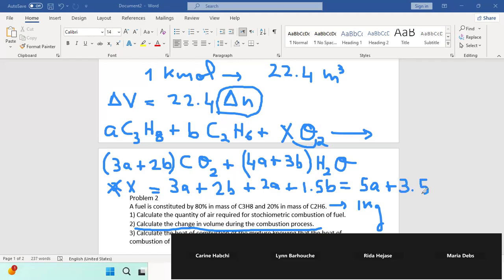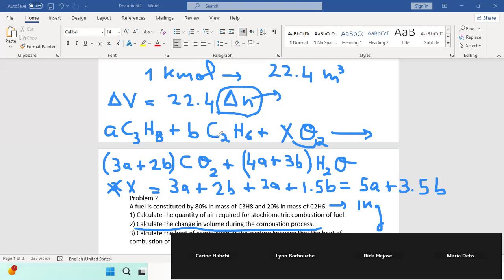So now if we want to find the change in number of kilomoles, delta N, delta N is the summation of number of kilomole in products minus summation of number of kilomoles in reactives.